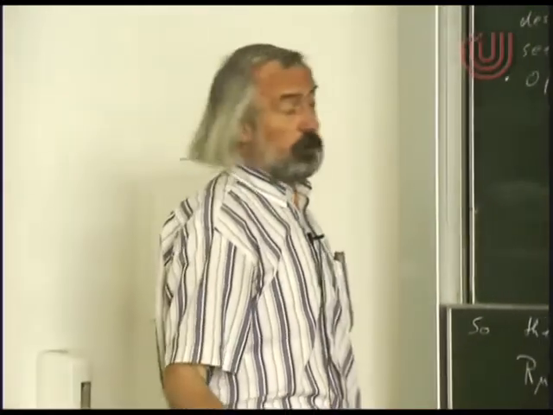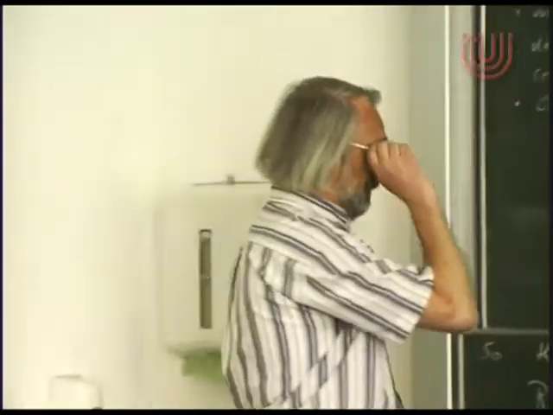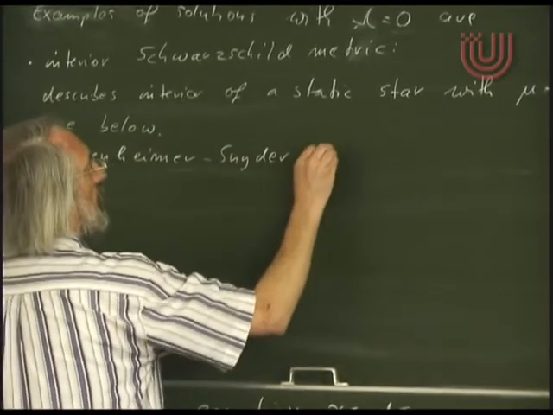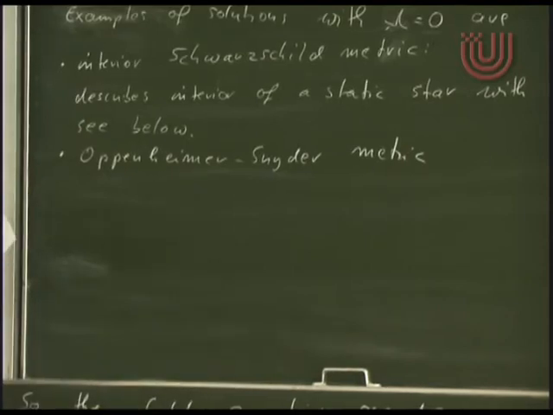But he was a theoretical physicist who worked in various fields, mostly in quantum theory, but he also wrote a couple of papers on general relativity. And together with his student Snyder, he wrote an interesting paper on a ball of dust.